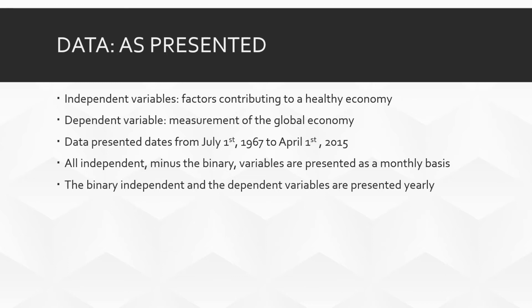Data presented will be between the dates of July 1st, 1967 to April 1st, 2015. All independent variables minus the binary variable will be presented on a monthly basis, whereas the binary independent and the dependent variables are presented yearly.